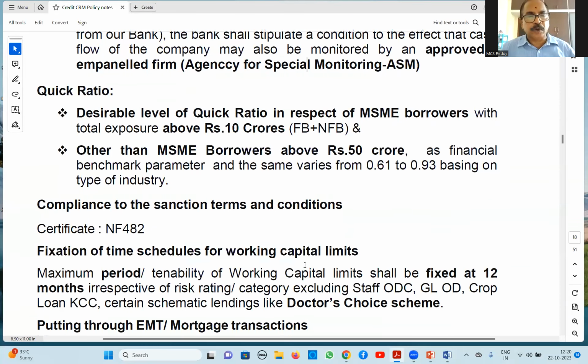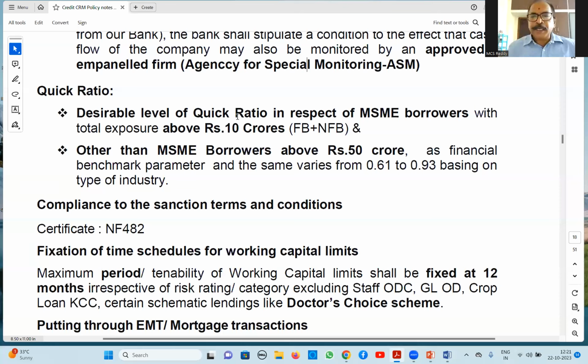Next, quick ratio. Earlier, we were not much bothered about quick ratio, but last year, the Reserve Bank has given a guideline that while assessing limits, especially for working capital limits, you also consider the quick ratio. They have given a big list, with separate quick ratio levels for each industry. But let us see the applicability.